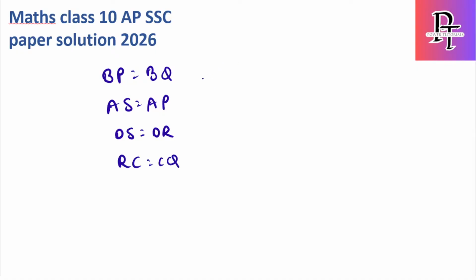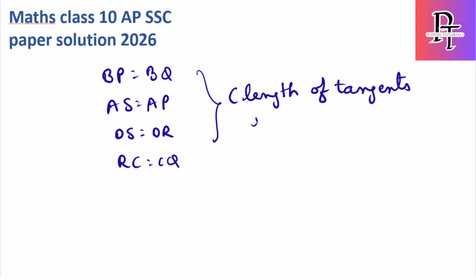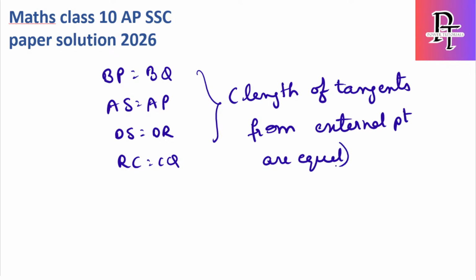How are these correct? Length of tangents from an external point are equal, hence I have written all these points.